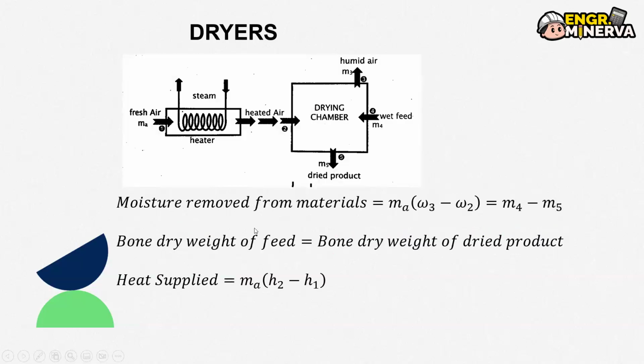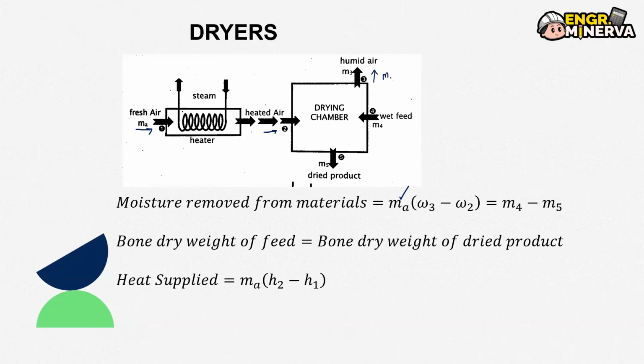So let's check here on our dryer. No? The moisture removed from the materials would be, siyempre, the moisture added to the air. That's why this would be the mass of air. Take note, the air is going in here, then heated air is going here, then humid air is going out.